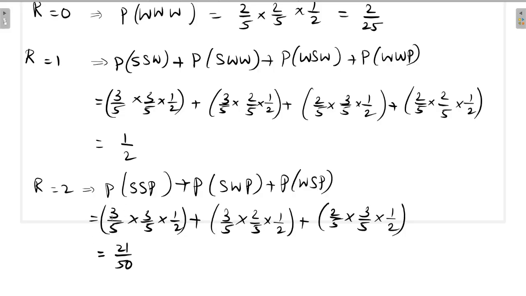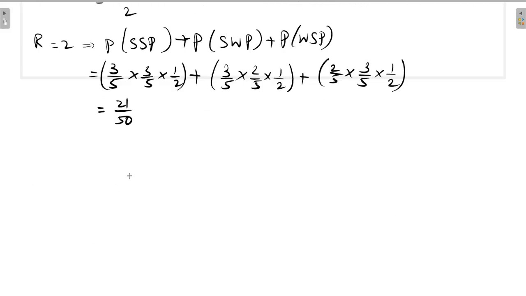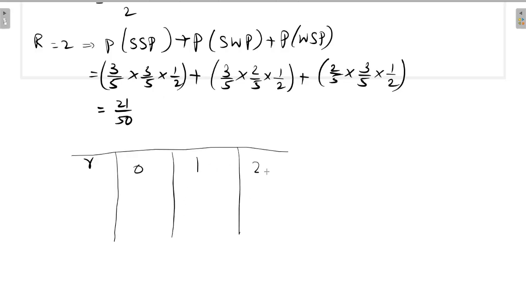Okay, now we can put this data in the distribution. So range R equal to 0, 1 and 2. So the distribution is probability of R equal to r.